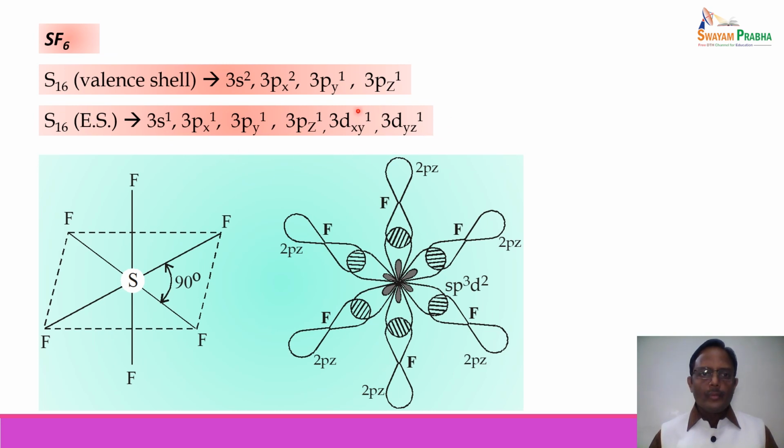All of them will be called sp3d2 hybrid orbitals, overlapping with the 2pz orbital of fluorine atoms, leading to formation of the SF6 molecule with all the bond angles as 90 degrees. All of them are equivalent because each of them is separated from the next by an angle of 90 degrees.